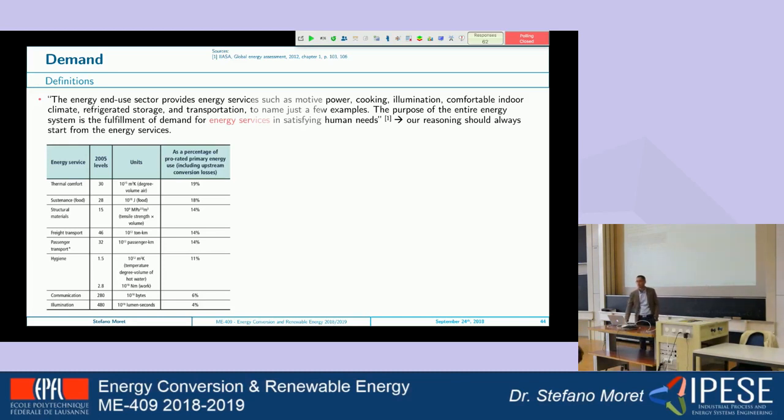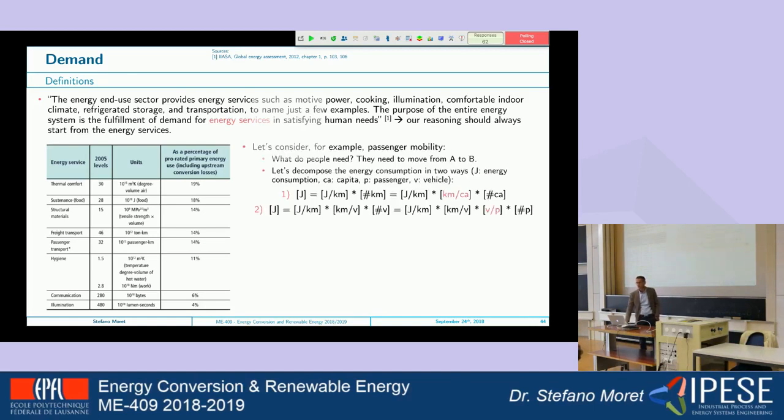So let's take the example of mobility. As an exercise, I decompose the energy consumption of mobility in two different ways. In the first decomposition, I took the total energy, indicated with J of joule, which can be divided as the average joule per kilometer, so the fuel efficiency of the car, times the kilometer per capita, so the kilometers each one of us travels every day, times the total population.